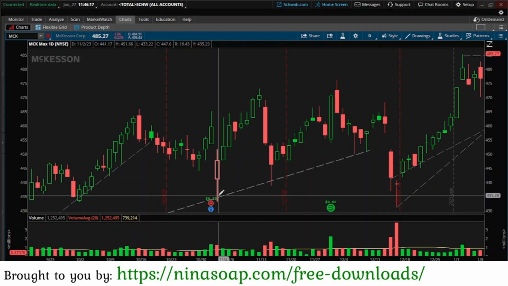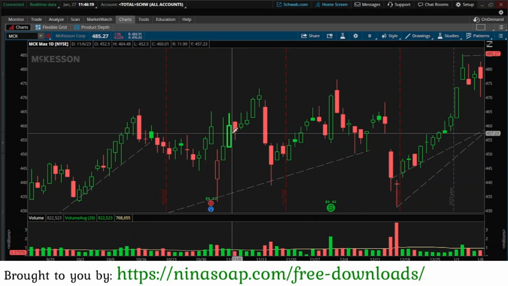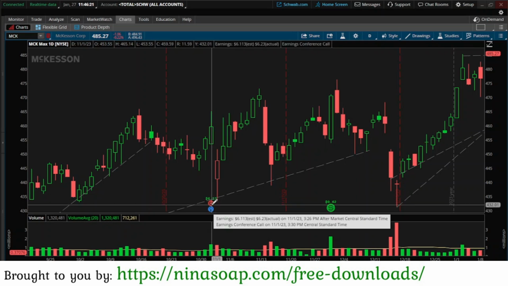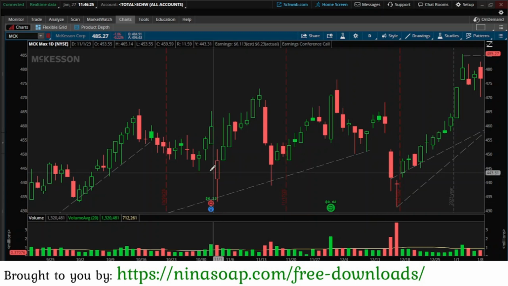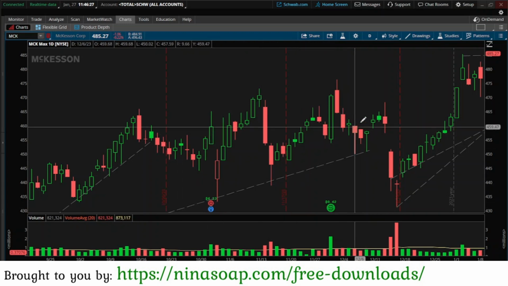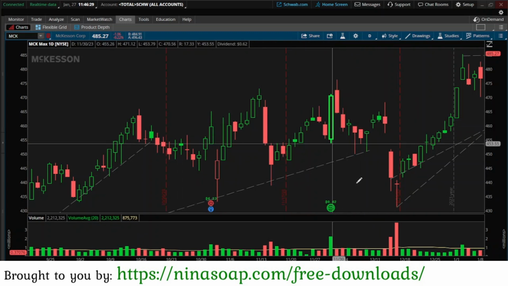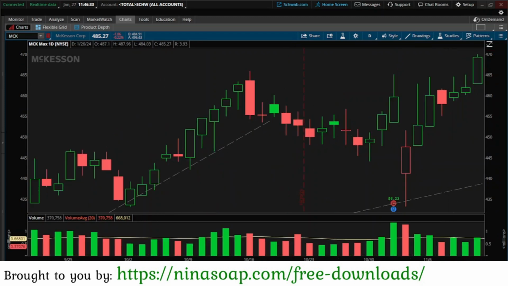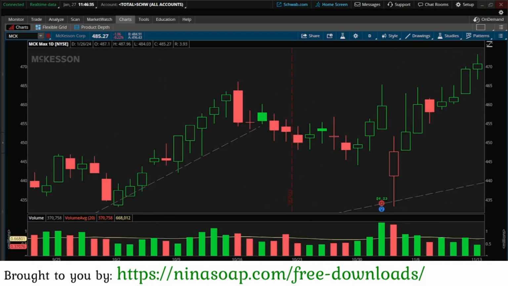The earning brought it back to the line before it went back up, and the earning was higher than what was estimated. I think it tends to do those types of moves. But anyway, we will see what happens. We are just going to keep an eye on it.